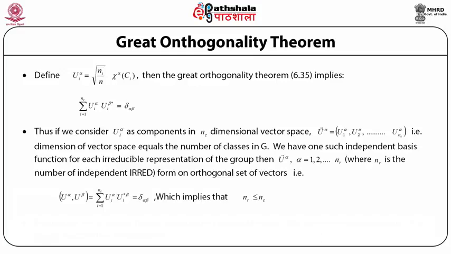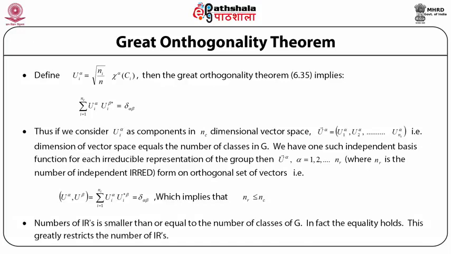That is, the scalar product of two vectors u alpha and u beta, which is given by the product of the components of the vector for the representation alpha and beta, namely u alpha I, u beta star I, summed over all I, the number of classes from 1 to nc, is equal to delta alpha beta, which means that nr is less than or equal to nc.